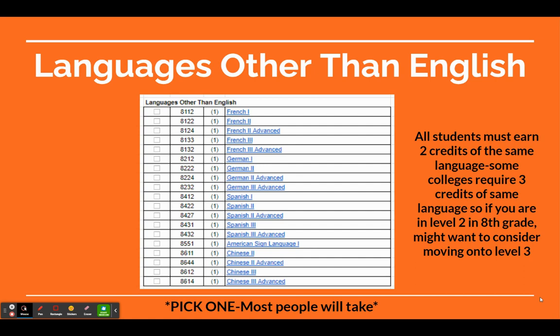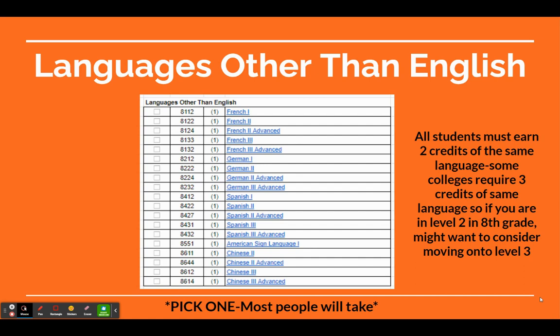Here's the thing, and when I try to tell families, should you take a year 3 or not? If you're sitting in a level 2 language and it is such a struggle and it's stressing you out so much, then I maybe wouldn't recommend it. But if you're getting through it and if you just put in some work, you can get through level 3, I would recommend it because here's the thing. As an 8th grader, you don't know what colleges you're going to be applying to.